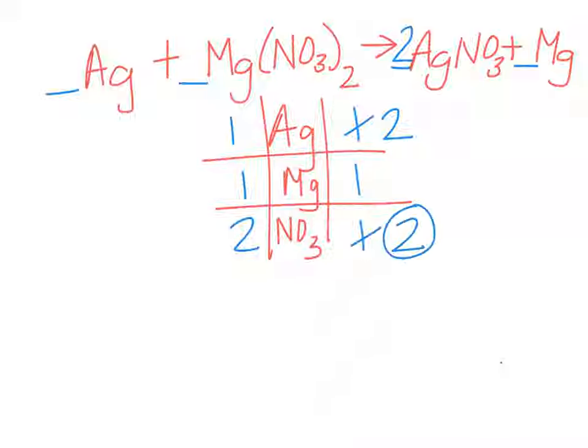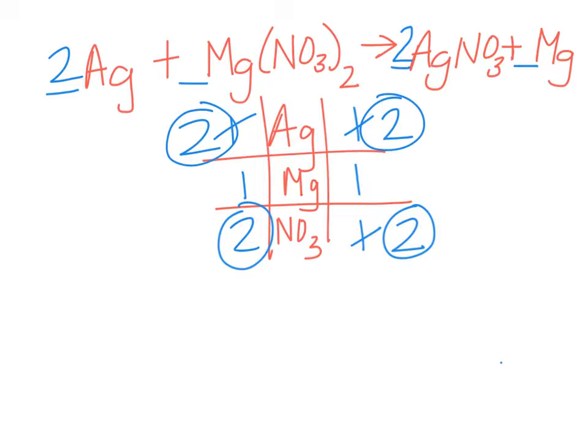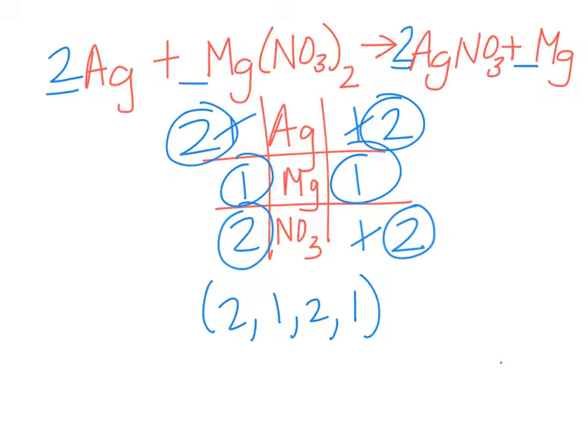Okay, so the nitrates look good now, but by changing the silvers to 2, I have to go to this side and make this one 2, so I'm going to do that by putting a 2 in the front. And then now my silvers look good, and magnesium is balanced also. All right, so this one would be 2, 1, 2, 1. And that is it. That is how you balance equations.